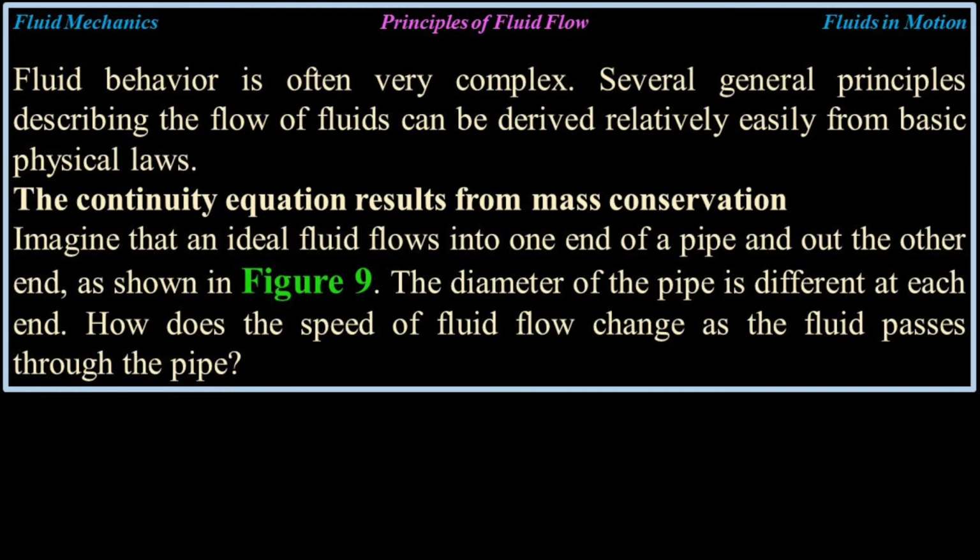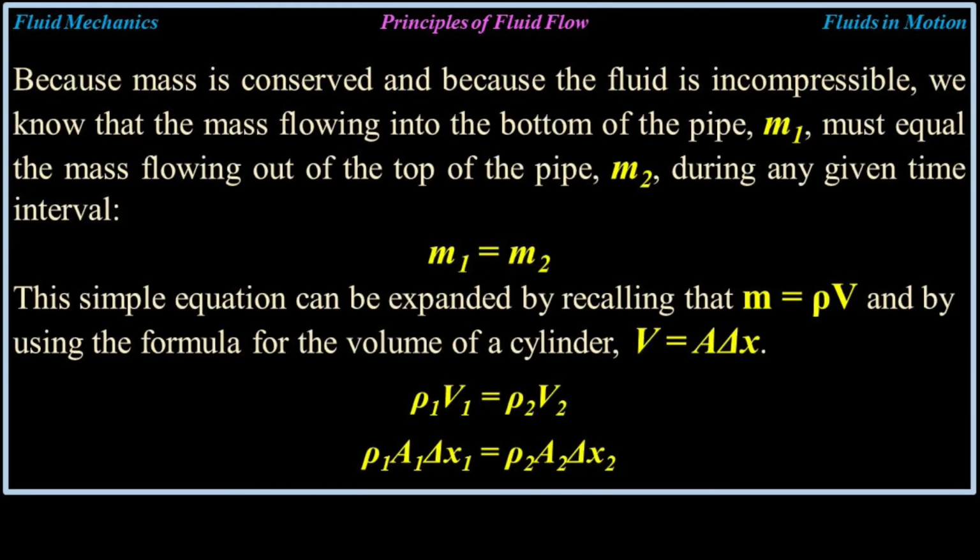The diameter of the pipe is different at each end. How does the speed of fluid flow change as the fluid passes through the pipe? Think of a hose when you're watering your garden. It's very important to consider a hose. Say there are two different hoses, a larger one and a smaller one.